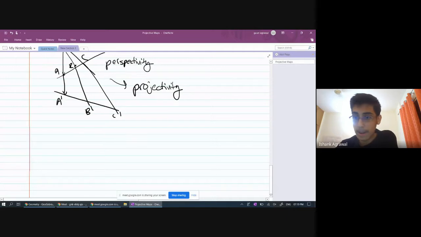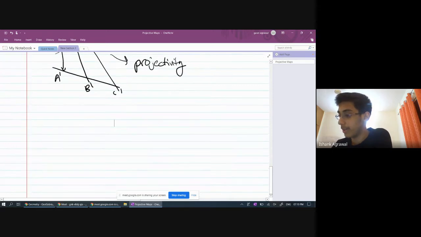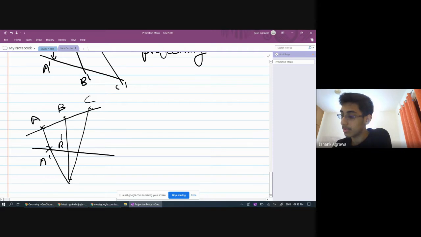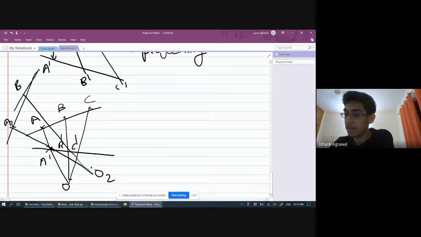Any questions? A combination, okay, a composition. So I'll go over it. You have these points A, B, C. You first map them to A dash, B dash, C dash under this first point O, and then you map them to a different line, under a different point, O2, to A2, B2, C2.